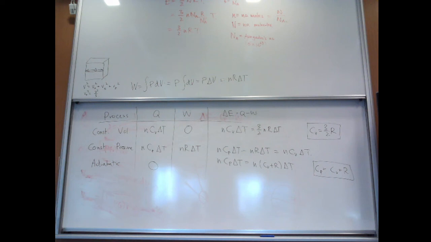It's a little bit steeper than your isotherm, so it sort of comes down a little bit more sharply. And by definition, the adiabatic Q is zero, so delta E is equal to the negative of the work.